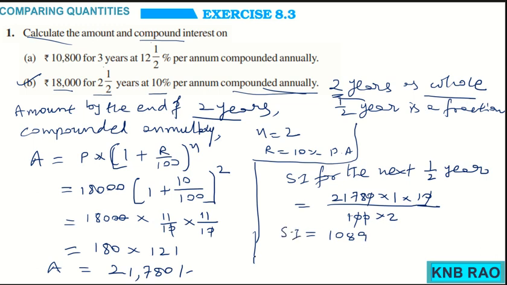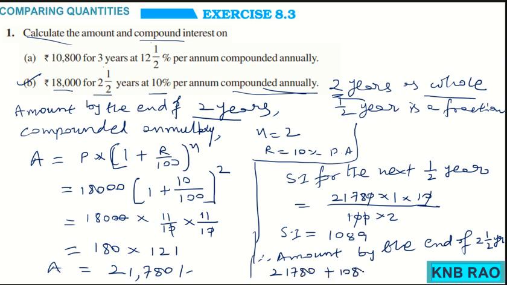Now therefore the amount by the end of 2.5 years will be 21,780 added to this 1089, which gives you 22,869 rupees is that amount.